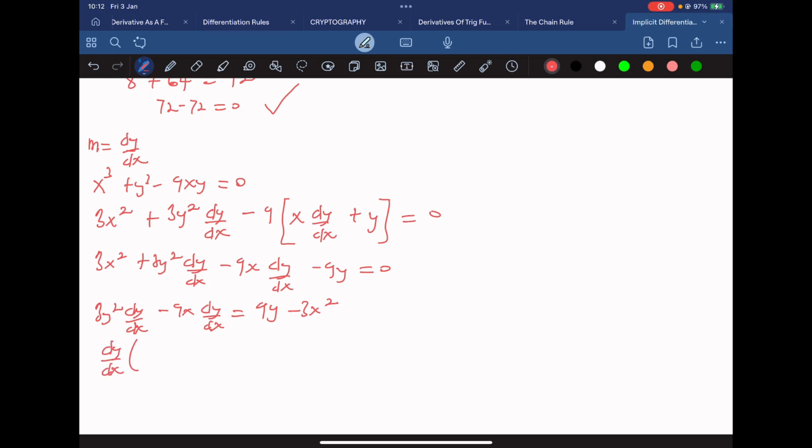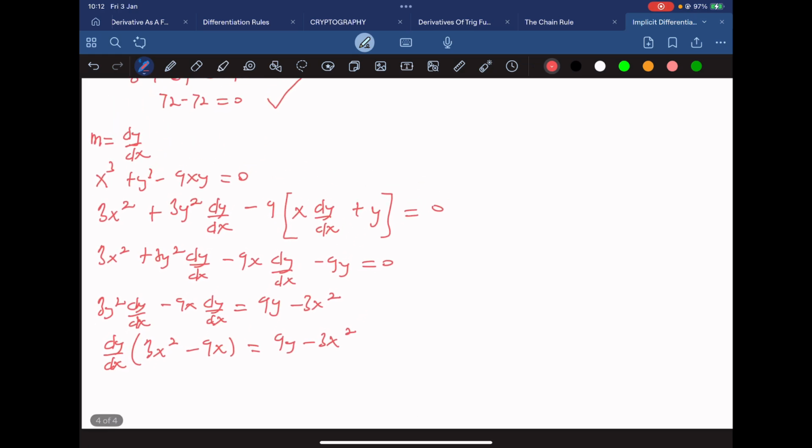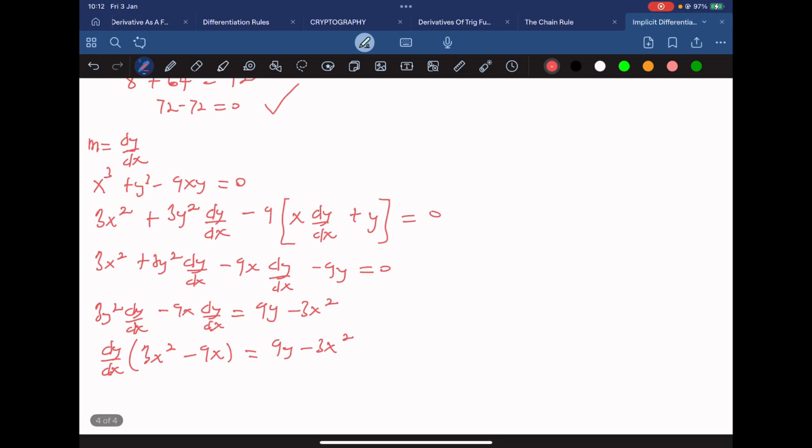So we just have 3y squared minus 9x here, and this part is 9y minus 3x squared. So to find dy dx, we just have to divide through by 3y squared minus 9x. So dy dx is 9y minus 3x squared out of 3y squared minus 9x.